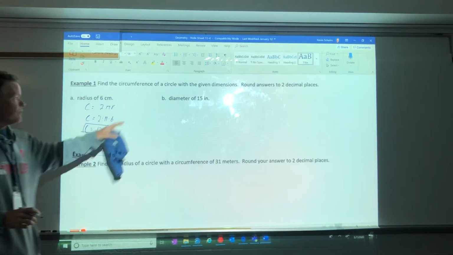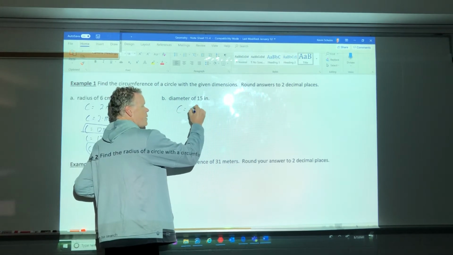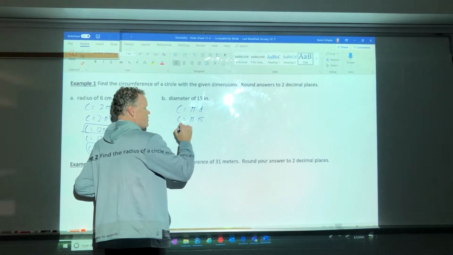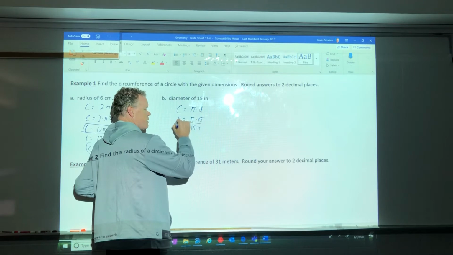Okay. Now here they give us the diameter. So here we're going to use the formula for circumference equals pi times diameter. Circumference is going to equal pi times 15. So we're going to end up getting circumference equals 15 pi. I just reversed that.